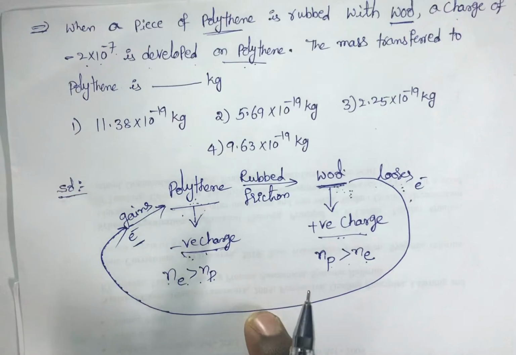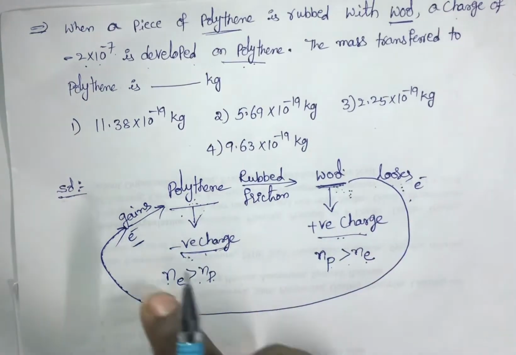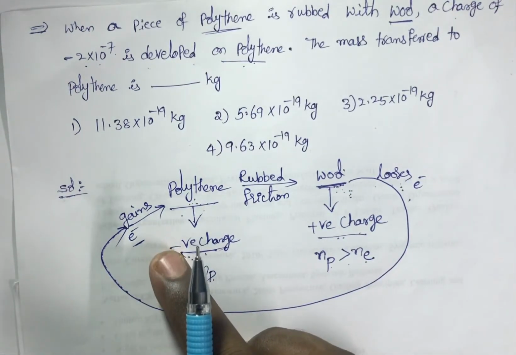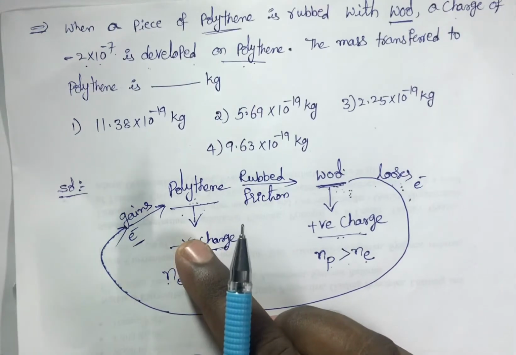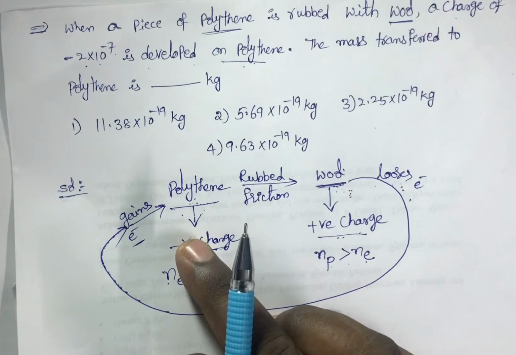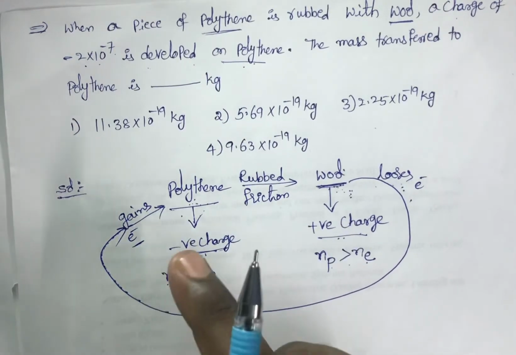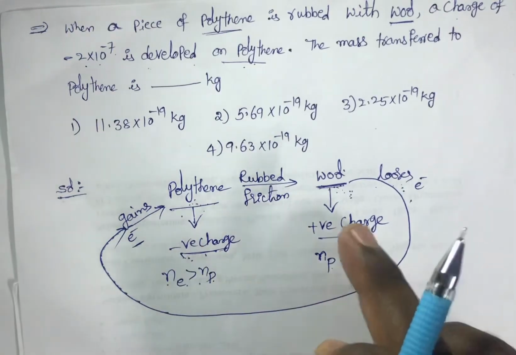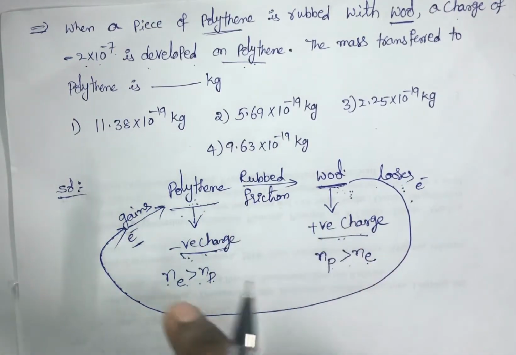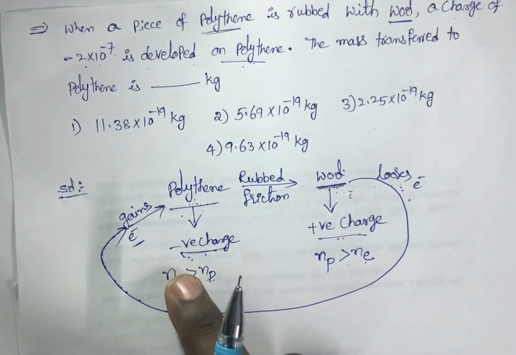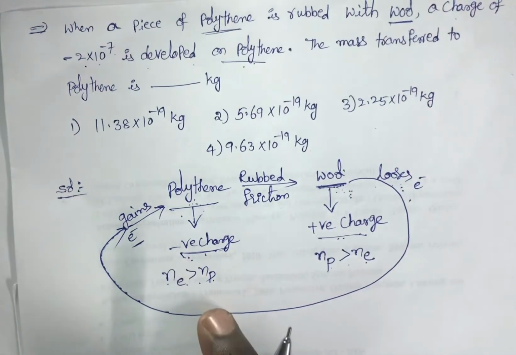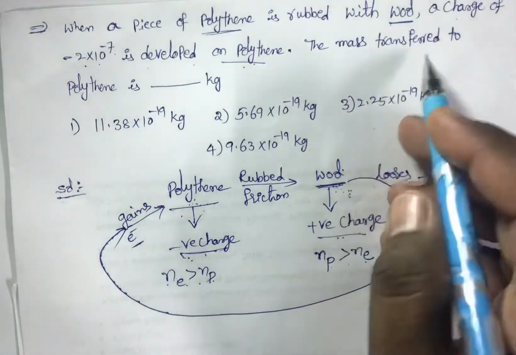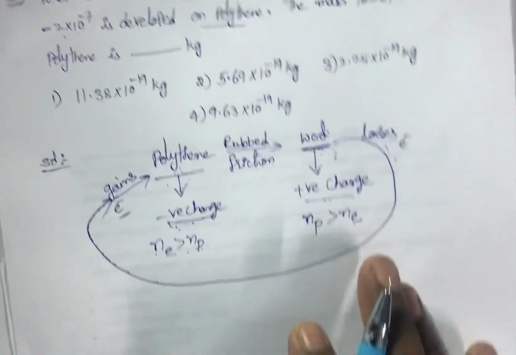Electrons are transferring from wool to polythene, so polythene gains a certain amount of mass from the wool. How much mass is transferred from wool to polythene? They are asking that, so we should find the mass transferred to polythene.